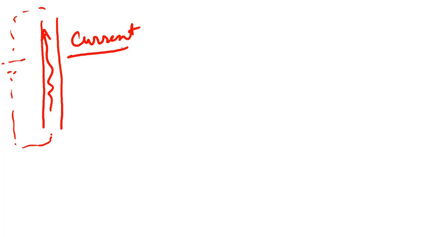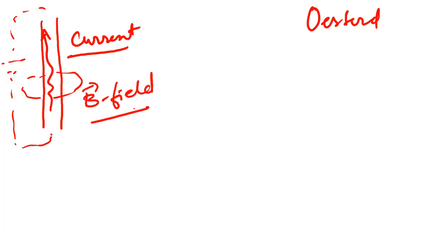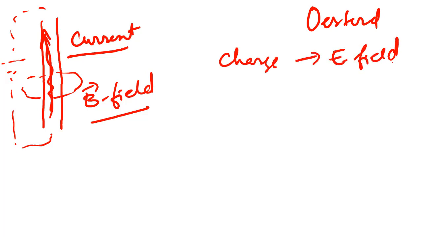You may have heard of the very famous experiment from Oersted that any current carrying wire basically has a magnetic field around it. A charge has an electric field, and as the charge is flowing, it creates a magnetic field.